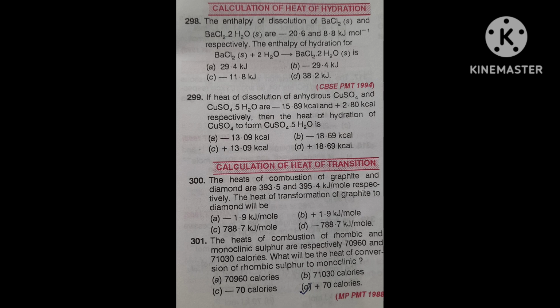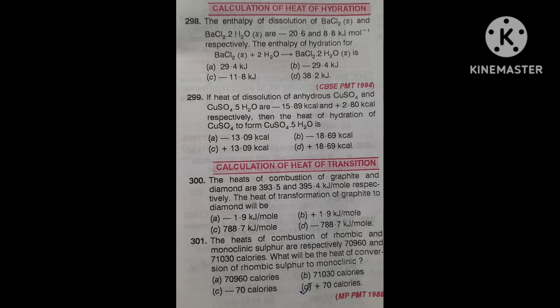You will get minus 70960 minus, in bracket you write minus 71030, minus plus, and finally what will remain? You only have to take the difference. What is the difference? Only that you have to write.